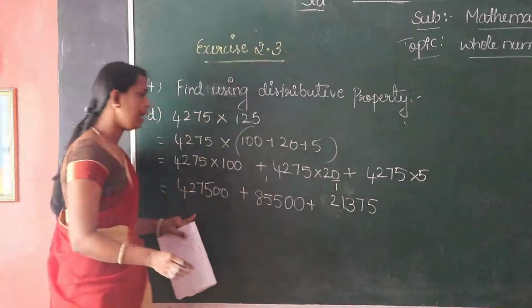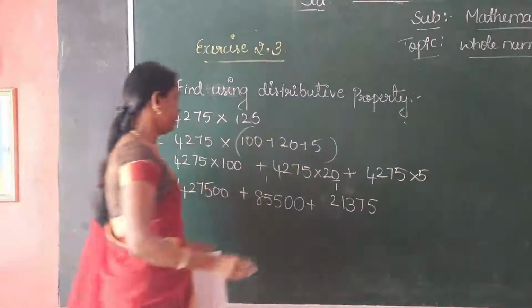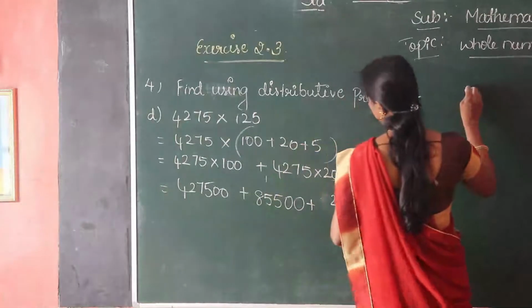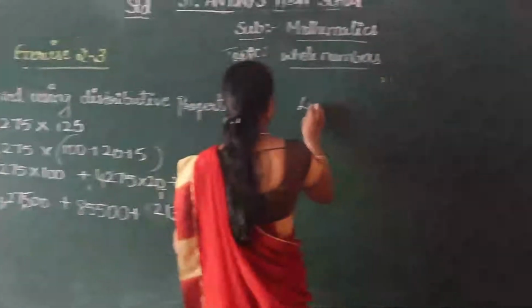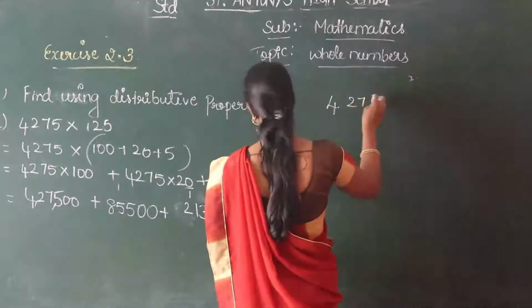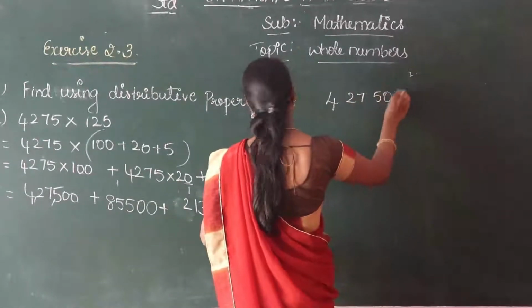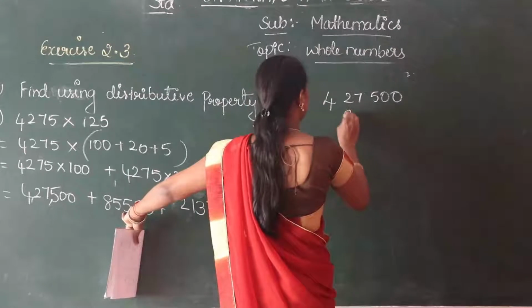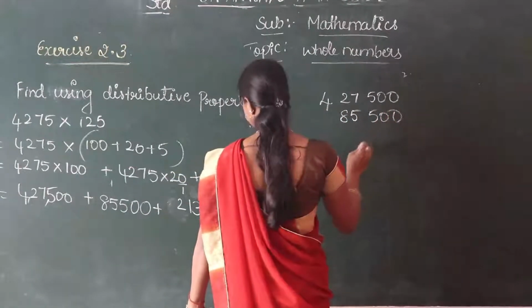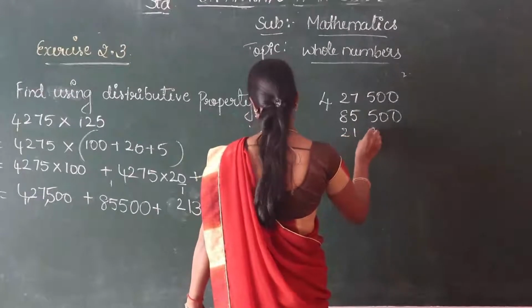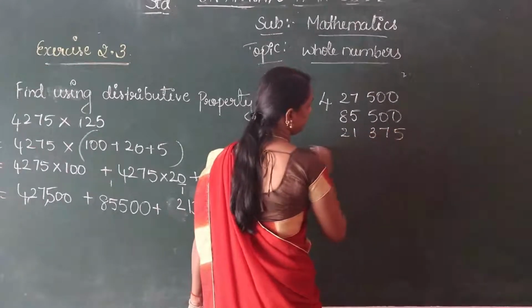So finally add these three numbers. I will write in the working column: 427,500 plus 85,500 plus 21,375.